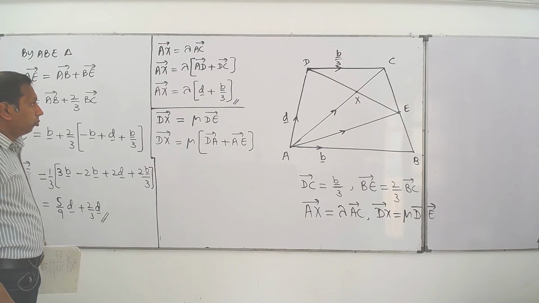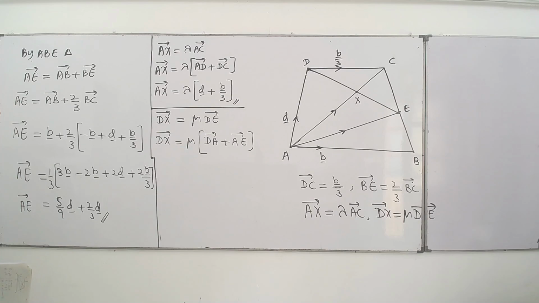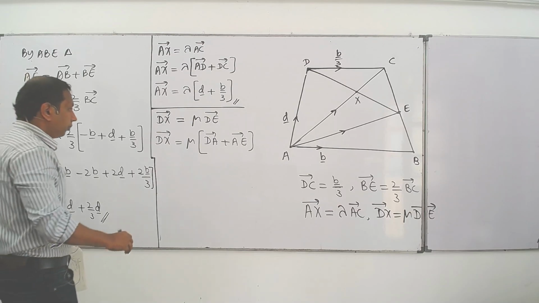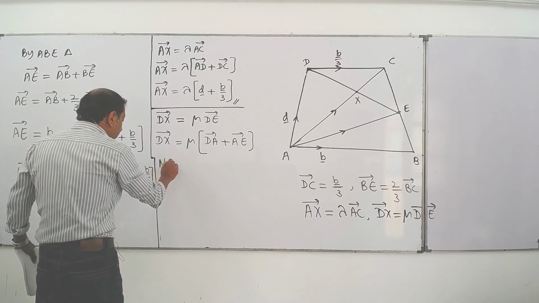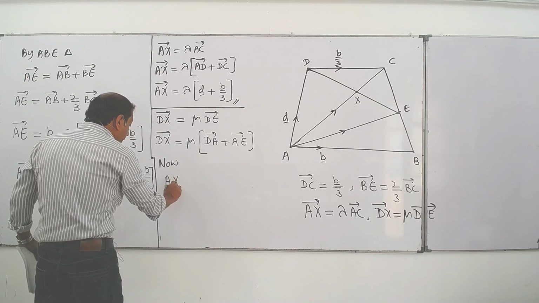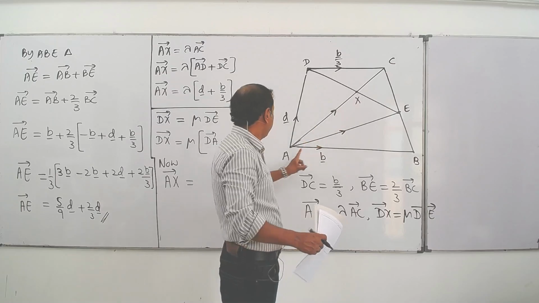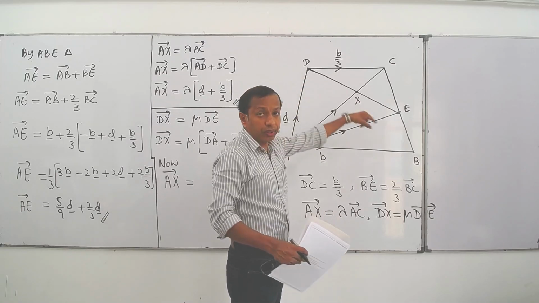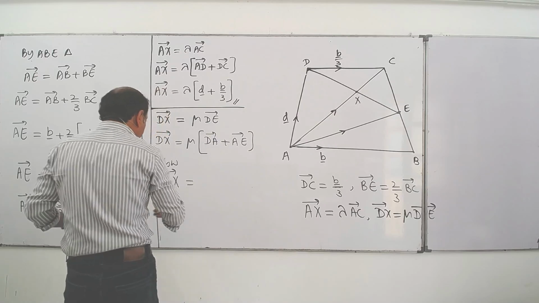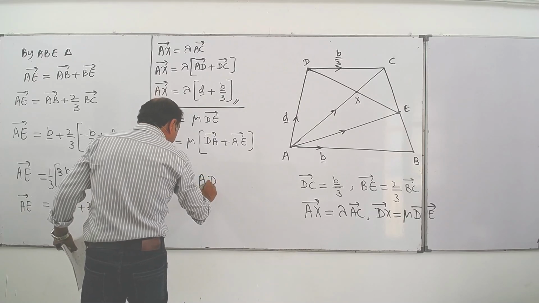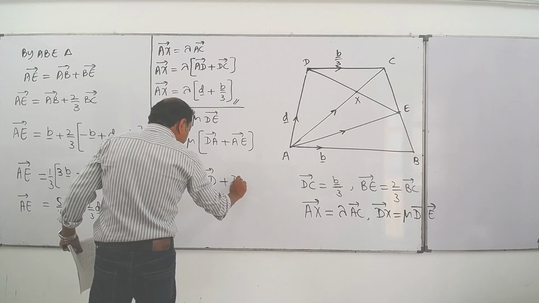Right. Now DX vector we found. Now we need AX vector. AX vector you can write as AD plus DX, AD vector plus DX vector.